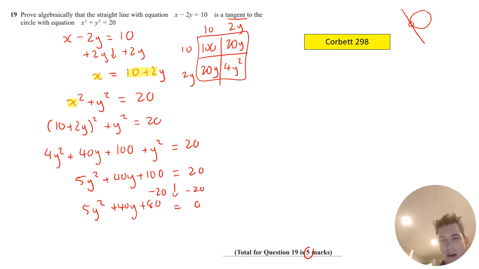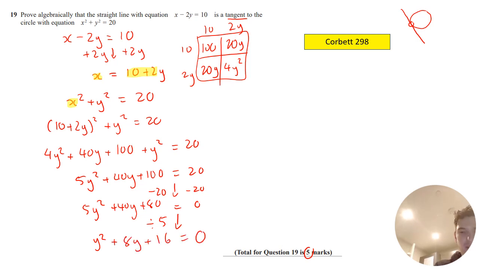Okay, now I need to solve this quadratic equation, and to do this, can you spot a shortcut? Well, I can. I think if I divide everything by 5, it's going to make my life a lot easier. So this is the quadratic equation that I now have.